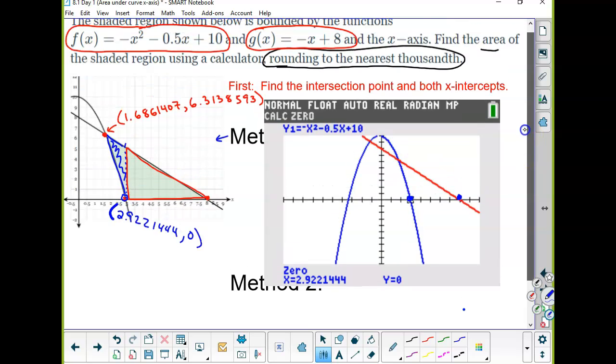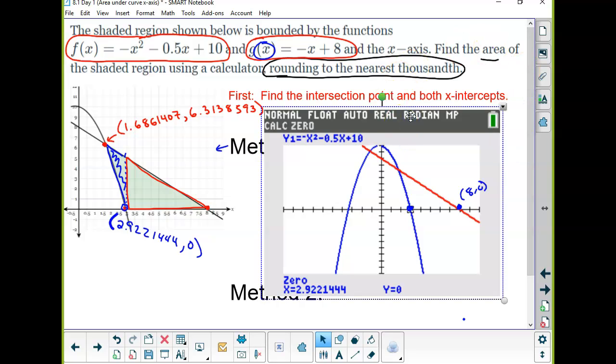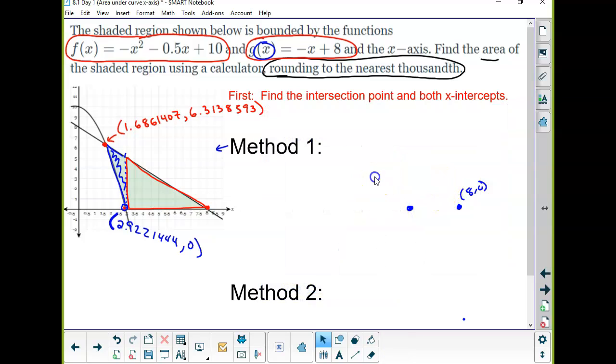So you could probably do that pretty quickly by making this 0 and solving. If I add the x over to this side, you know very nicely that this is at 8. Okay? If you didn't, then you would just have to use your calculator and find it. Okay. So I don't need this.